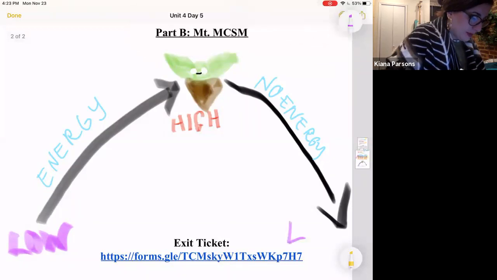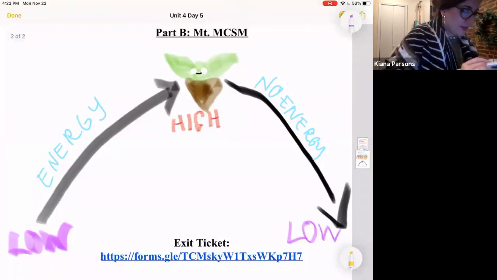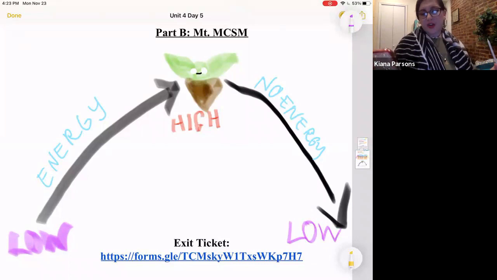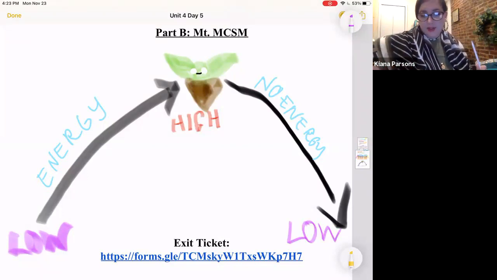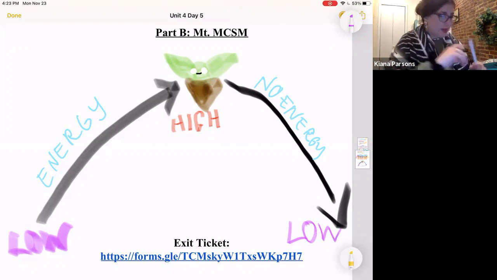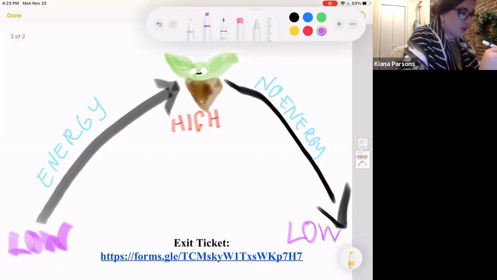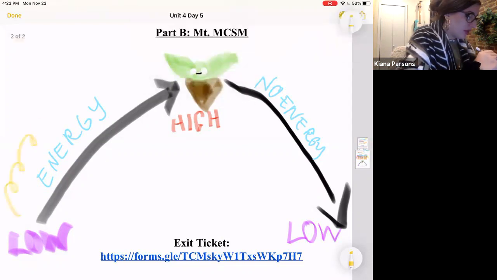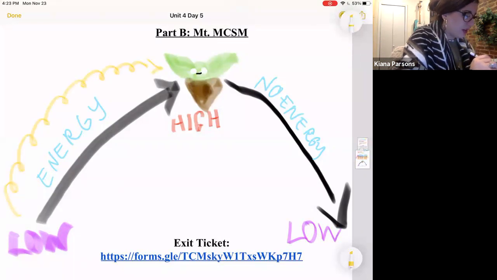But you may have already started to pick up what I'm putting down here, folks. But in order to travel up this hill, there needs to be ATP used, right?